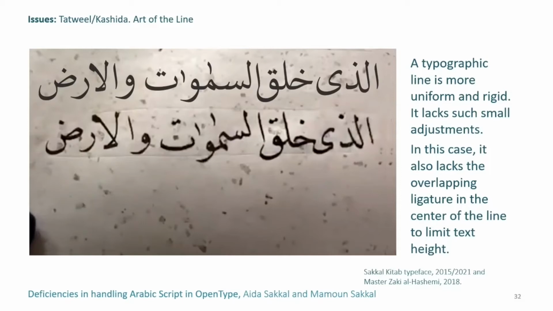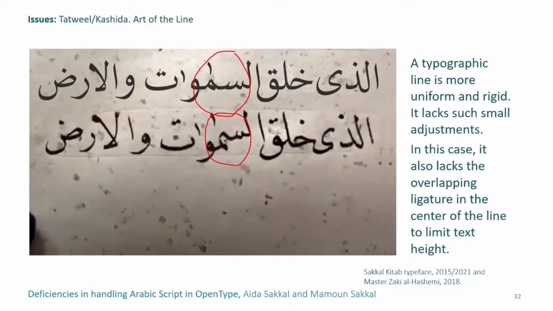and here we can also see the absence of the central ligature due to the decision that we have made to keep the height of the typographic line as small as possible.